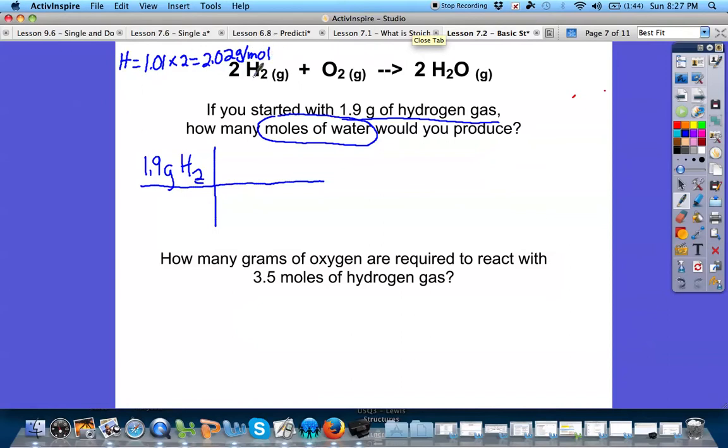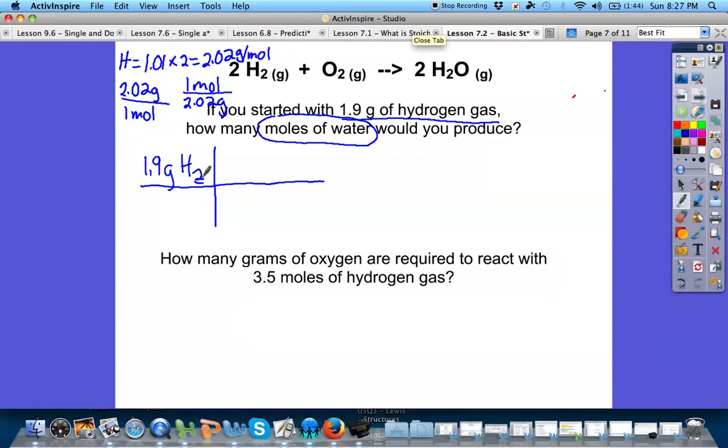And remember, we can write the molar mass as 2.02 grams over 1 mole, or we can flip it and write 1 mole over 2.02 grams. This is the mass of 1 mole.